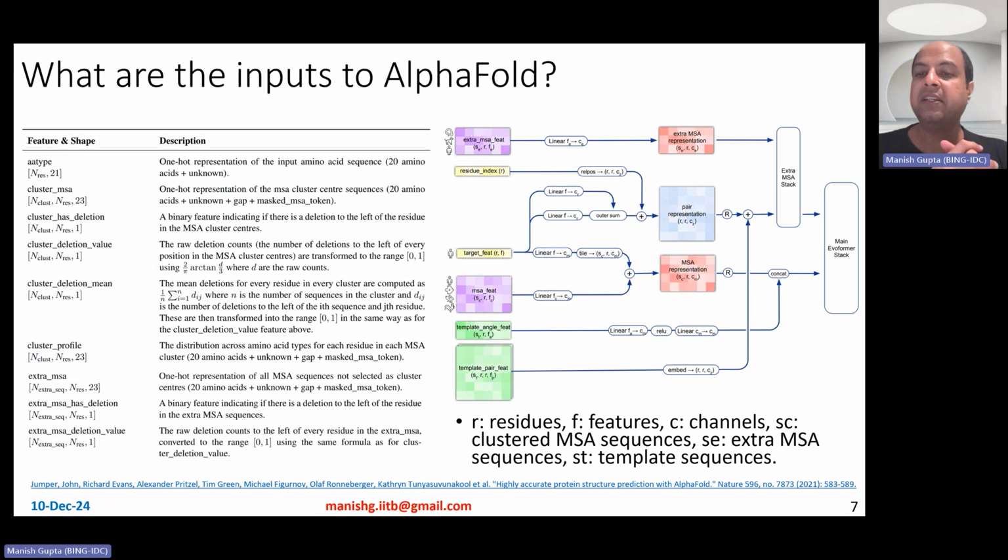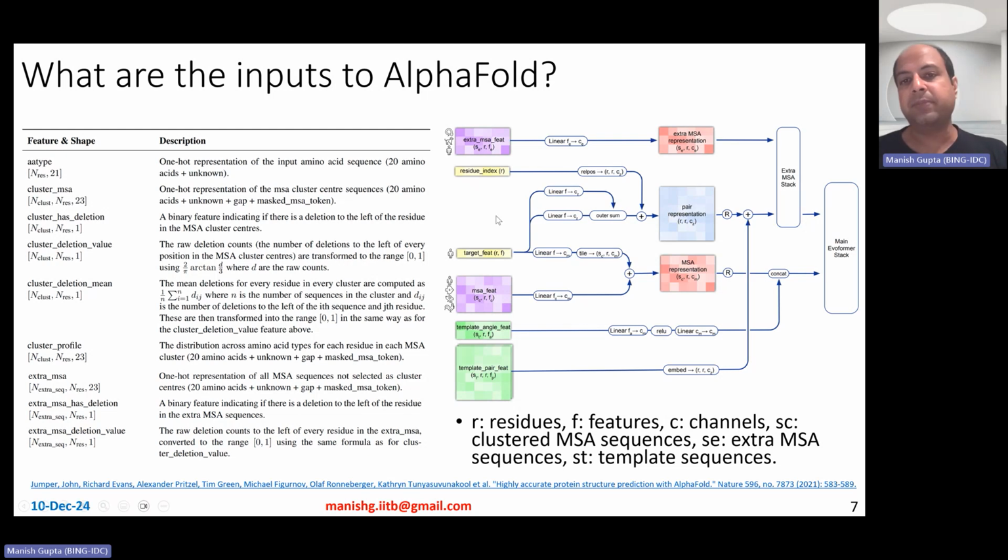And then the other matrix that is going to go is S R C, which is number of sequences, number of residues, and the depth C. The C could differ in both of them, so it could be R R C1 and S R C2, but that's basically the two inputs that go to the evoformer stack.